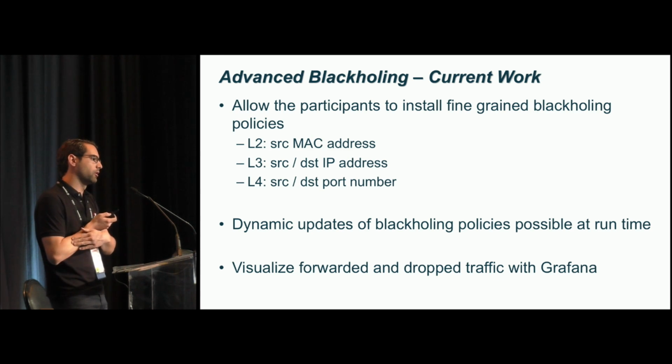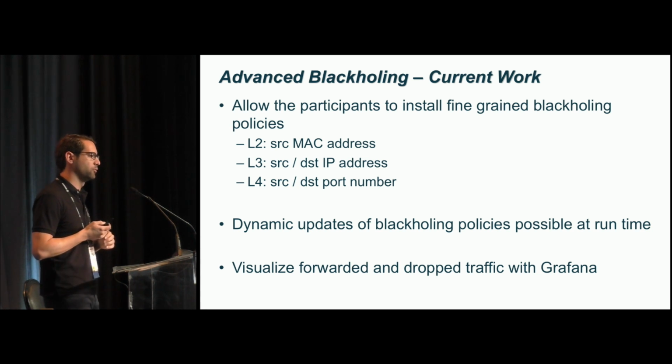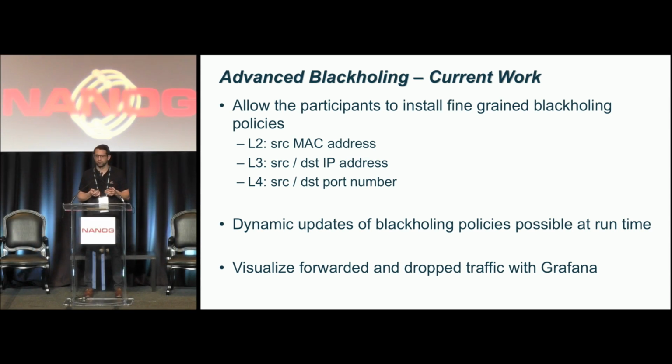In our current work, in our prototype, we implemented it such that it is now possible to filter on MAC addresses, on destination IP addresses, and on the destination port. When we crunched some numbers and looked at DDoS traffic at an IXP, we saw that it's fairly easy to get rid of most of the attacks.